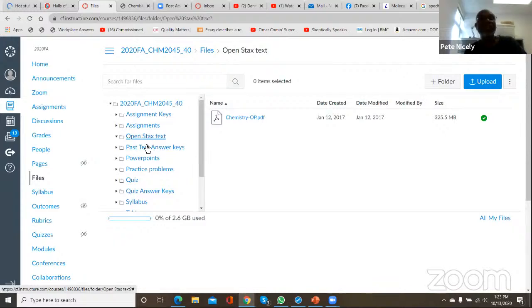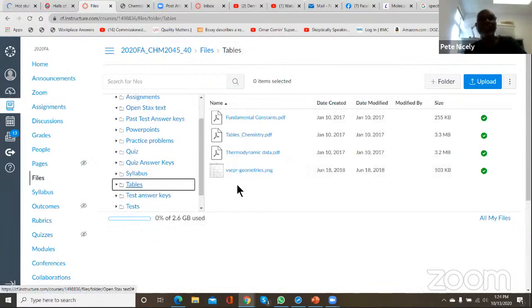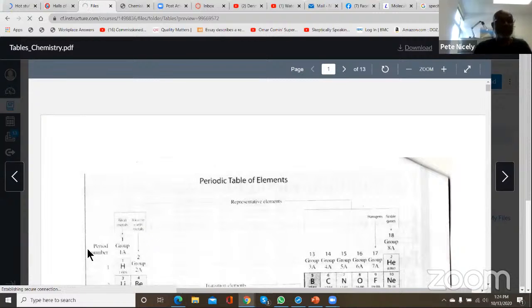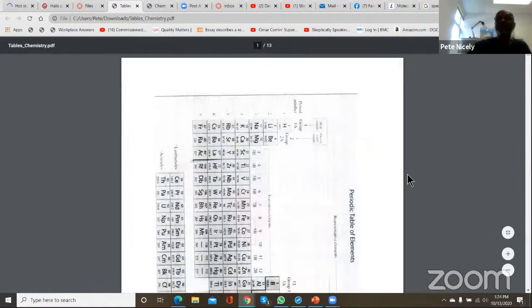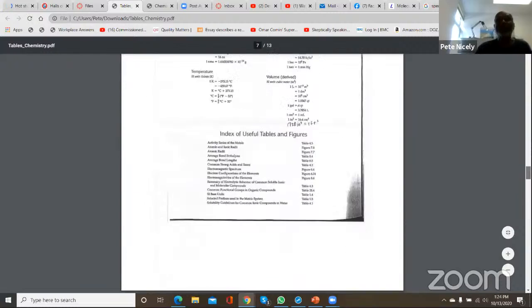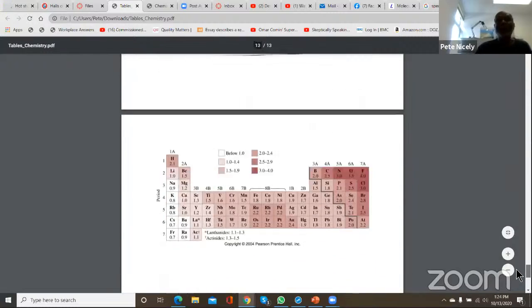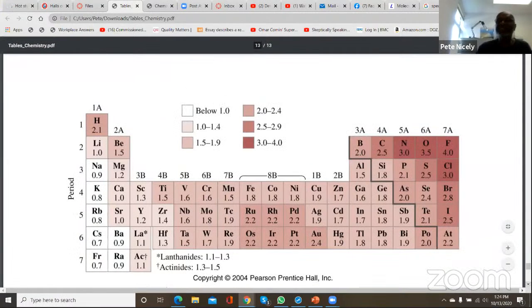Let me go to tables, and tables chemistry. Download. Okay, and let me scroll down. So this here is the table I'm referring to.